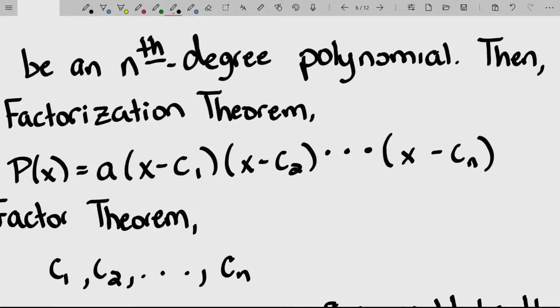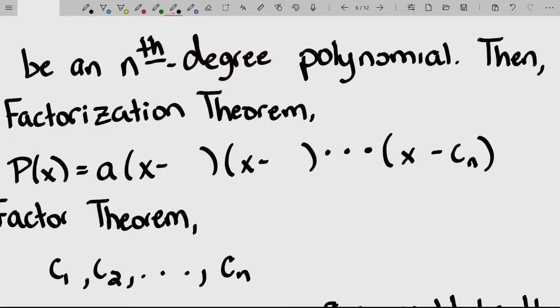Yes, some of them might get double counted, some of them might have multiplicity greater than 1. So if c1 was, let's just pretend for this argument, I'm not going to keep those in this proof, but let's just say that those two are 1s, then you'd have x minus 1 squared. You still have those two factors, and so you still have that zero of multiplicity 2.